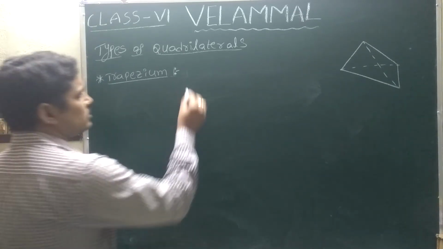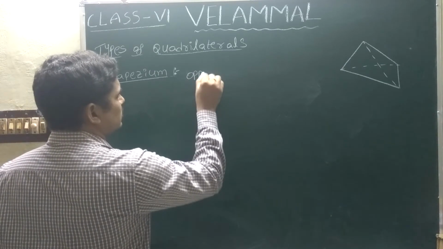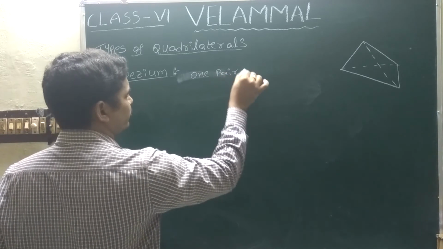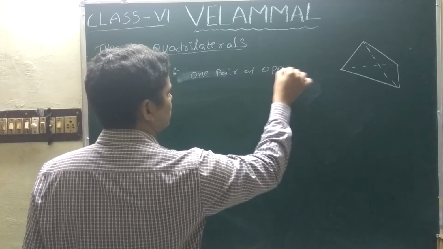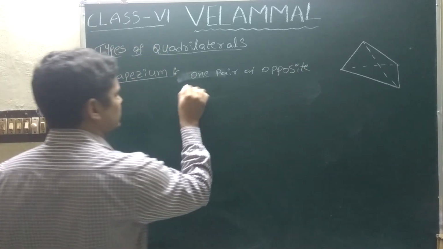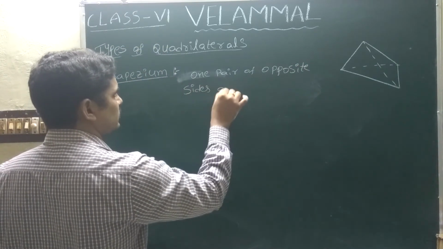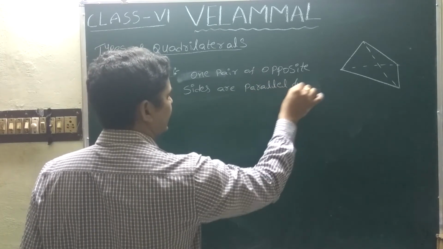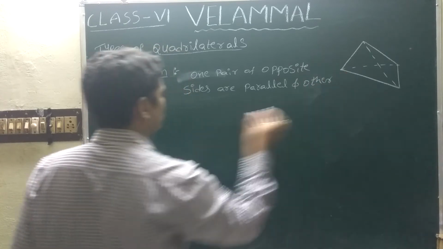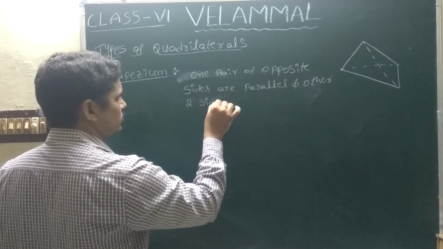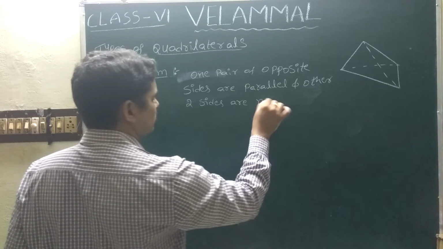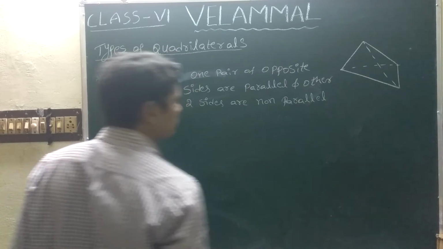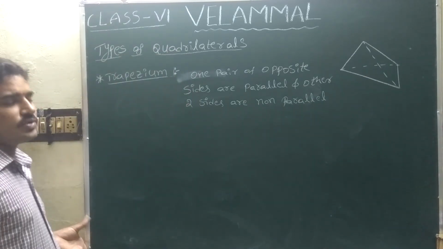So it will have the property as one pair of opposite sides are parallel and the other two sides are non-parallel. So one pair of opposite sides are parallel.